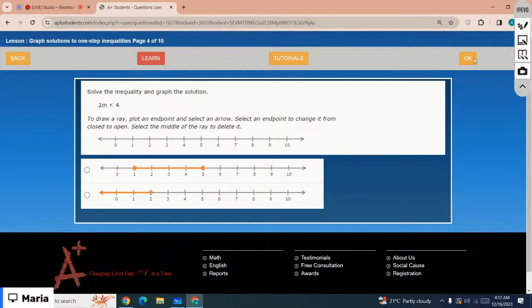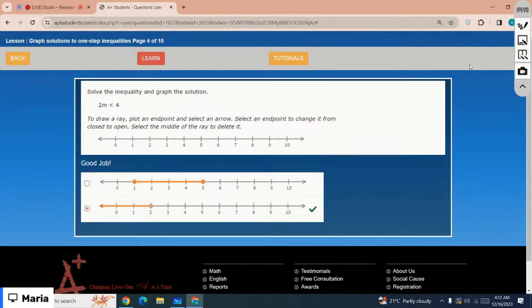Very good. The correct option is option number 2. All the values that are less than 2 are included. So 2 must be an open circle because you don't have an equal sign here. So option 2 is the correct option, right?